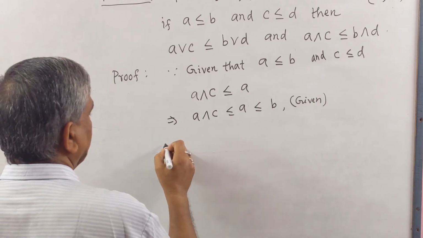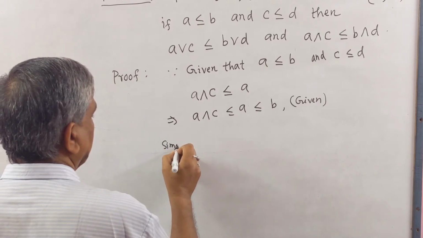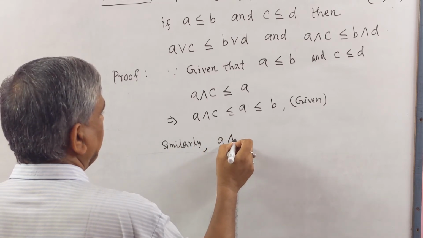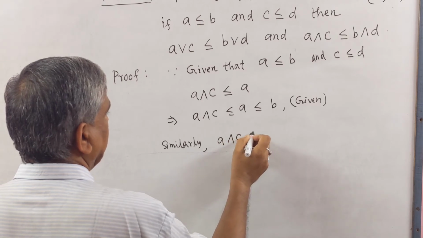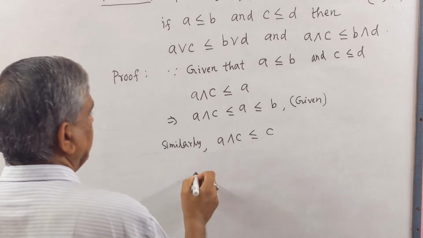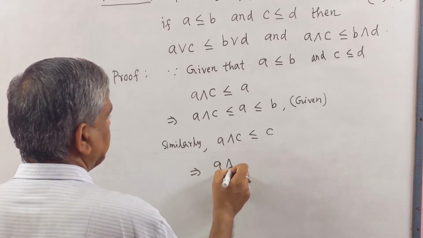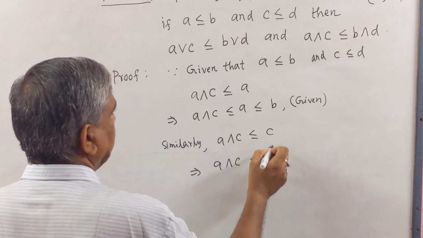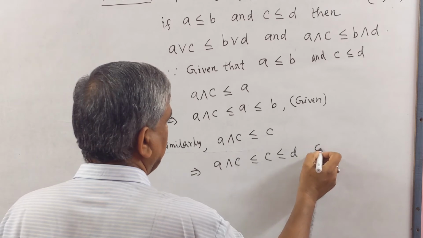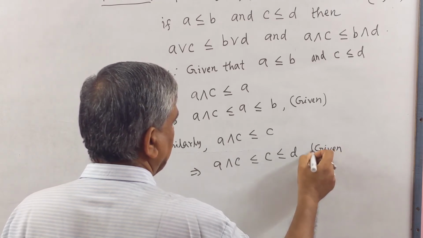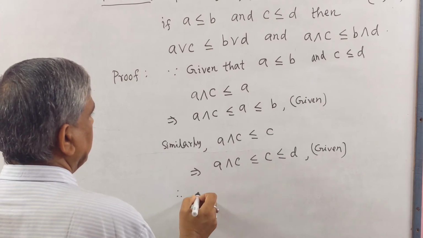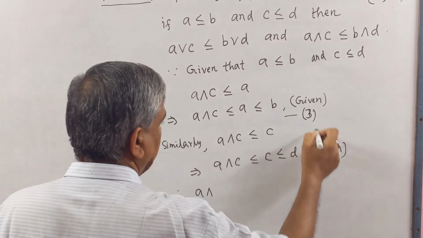Similarly, A meets C less than equal to C implies that A meets C less than equal to C and C less than equal to D. This is also given. Therefore, this is number 3, here number 4.